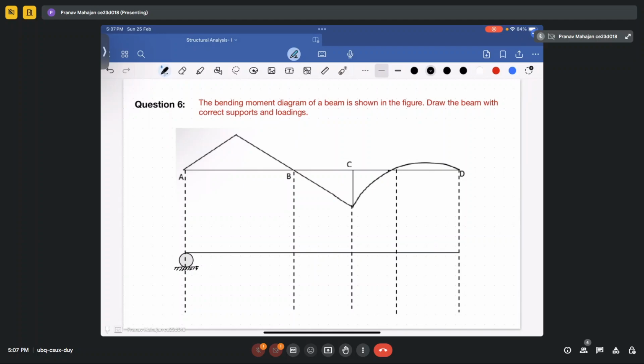In the AB region it is linear, so it means here we will be having a loading. So I will add some load here. So this is my loading.